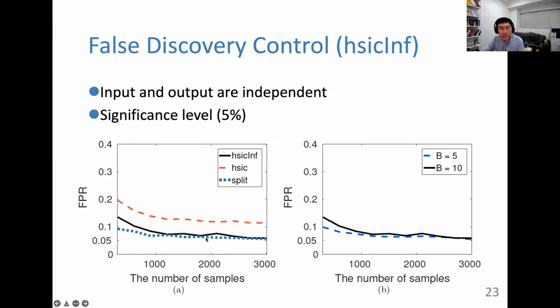But if we have a large number of samples, then we can control the false positive rate. Also, in this one I use the block estimate, and if we change the block size from 5 to 10, we get almost similar results. If we have a large number of samples, they are basically the same.